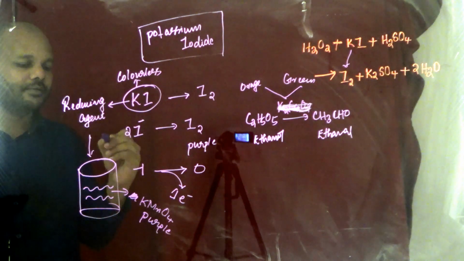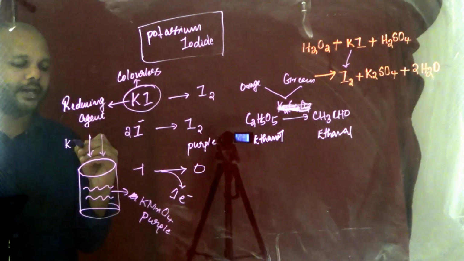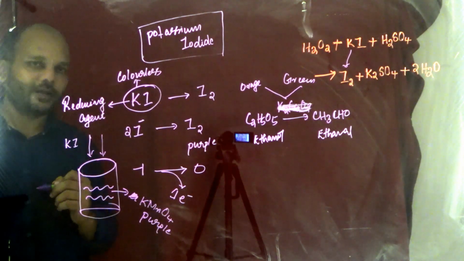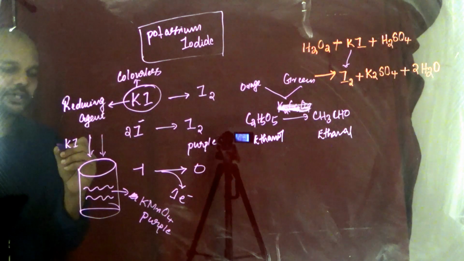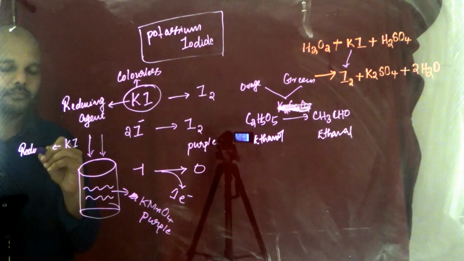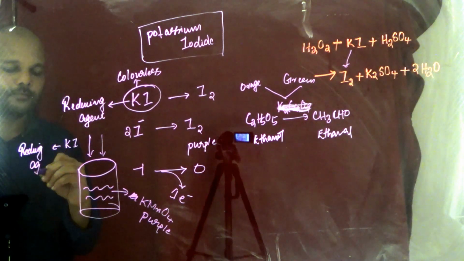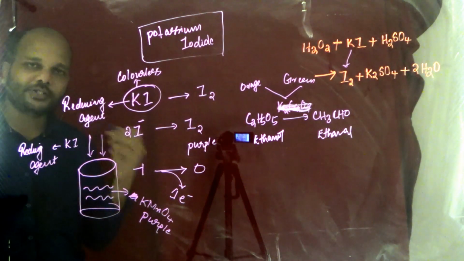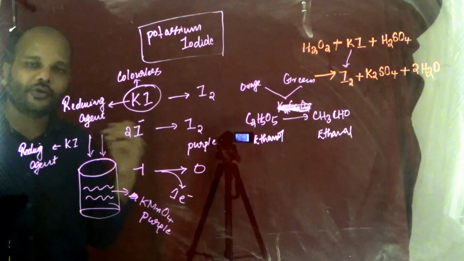You are adding potassium iodide, which is colorless and, as we all know, a reducing agent. You keep on adding potassium iodide.